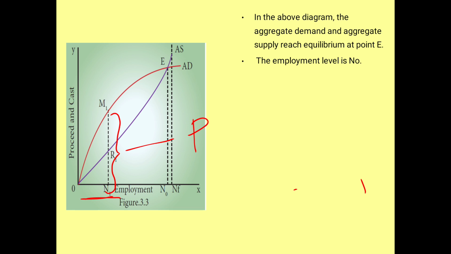During that time, what is the profit that they are expecting? This is the level of profit. Again I will repeat it so you will understand. ON1 is this part, which is employment. AS is equal to N1R1.